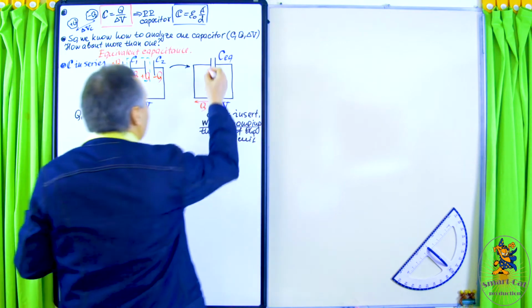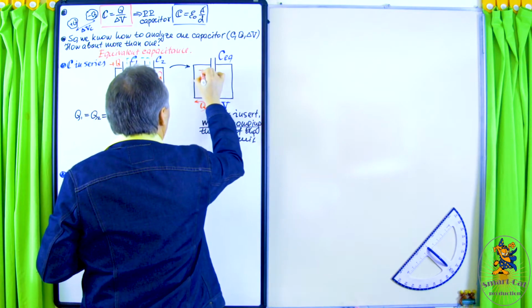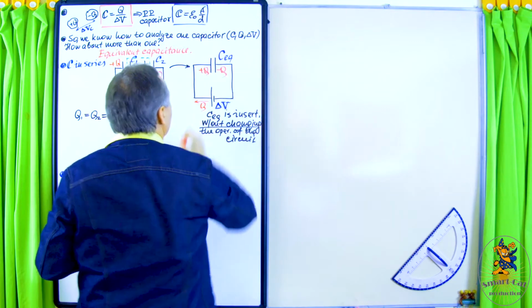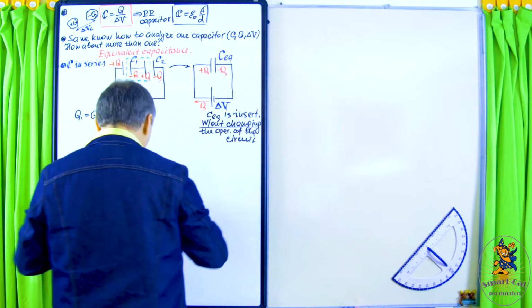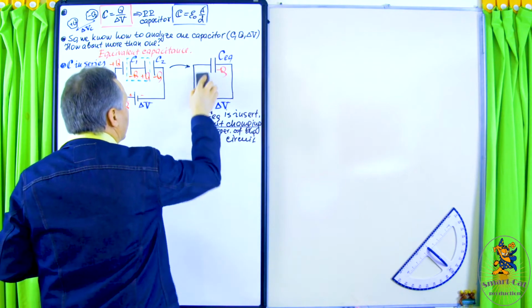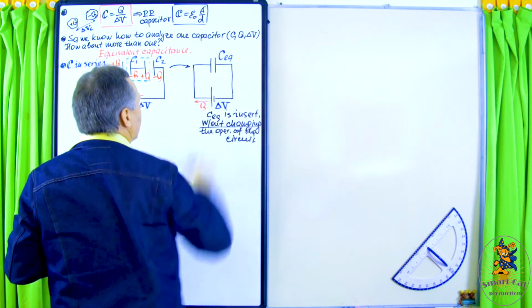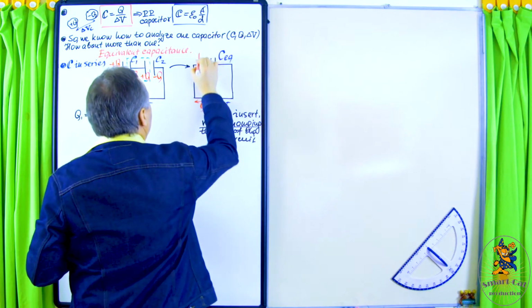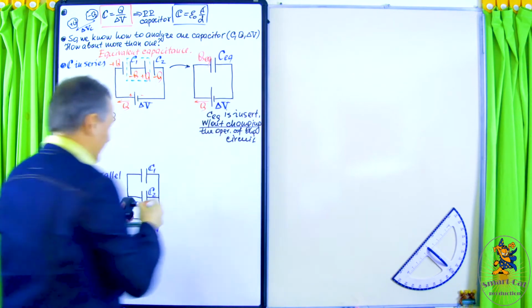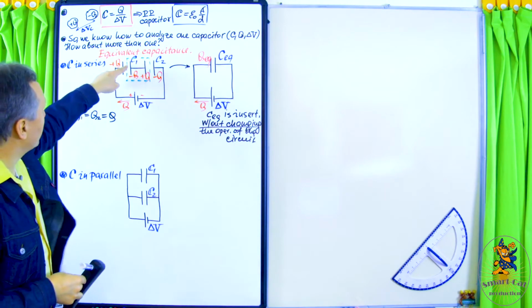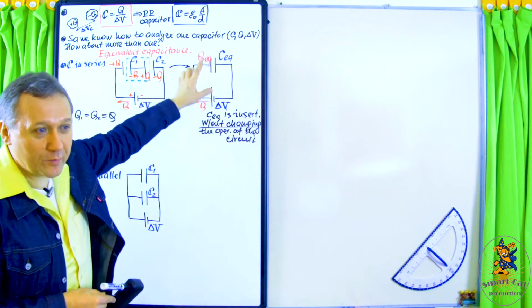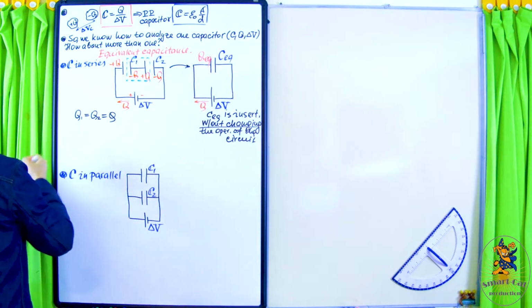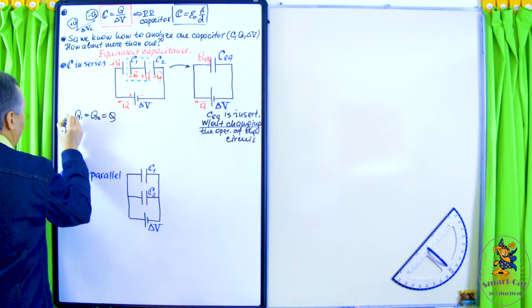So it means that this equivalent capacitor is going to have exactly the same charge Q. Let me call it Q equivalent. Let me remove this and write just Q equivalent over here. So it means that Q1 equals Q2 equals this Q equals that Q and equals Q equivalent.